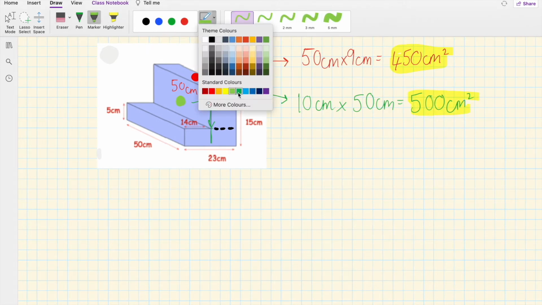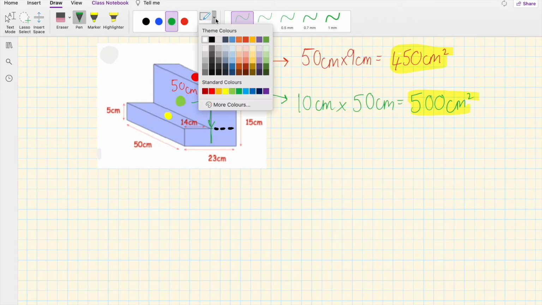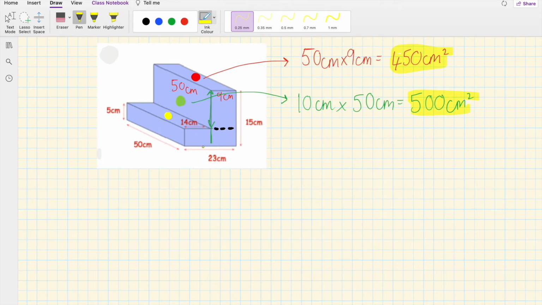Moving on then to this rectangle here, the yellow one. This rectangle has a width of 14 times by, again, a length of 50. If you calculate 14 multiplied by 50, that's going to give us 700 centimeters squared.